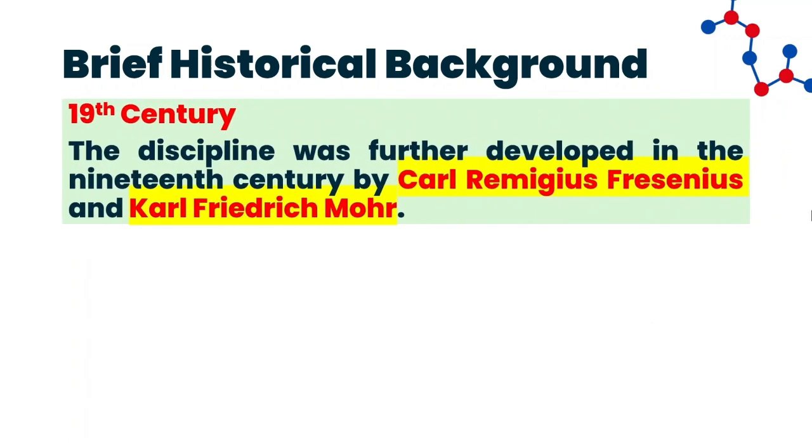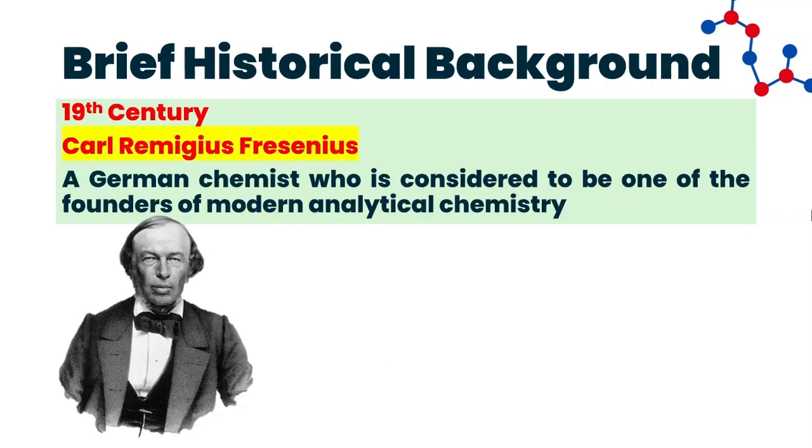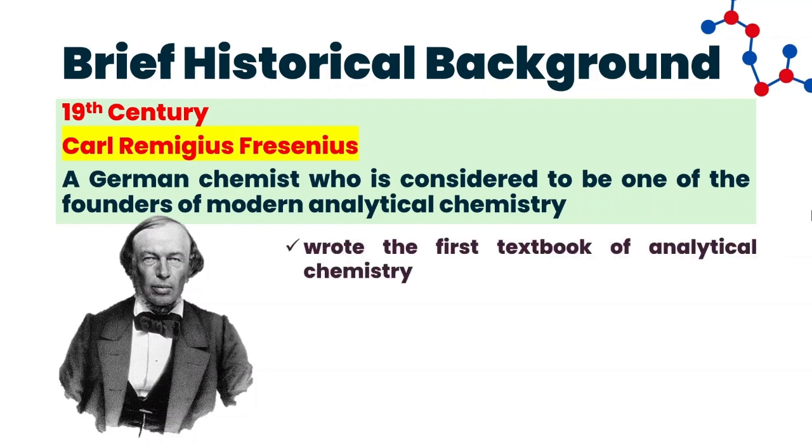In the 19th century, the discipline was further developed by two great minds, and they are the founders of analytical chemistry. We have Carl Remigius Fresenius and Carl Friedrich Mohr. Carl Remigius Fresenius, he is a German chemist who is considered to be one of the founders of modern analytical chemistry. He wrote the first book of analytical chemistry.